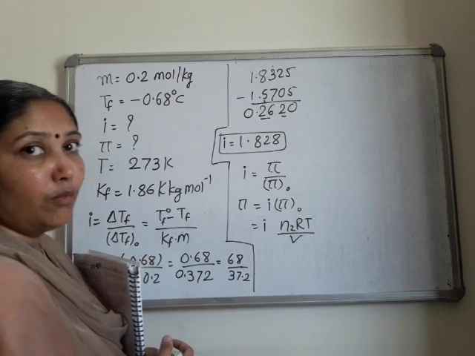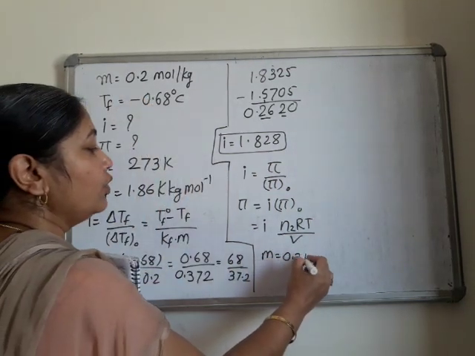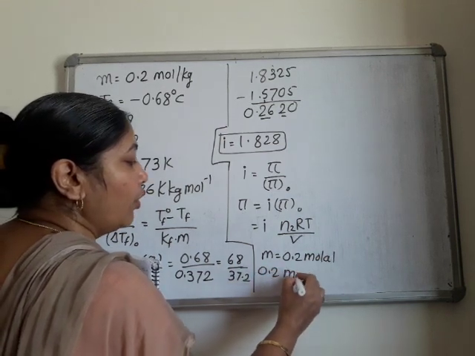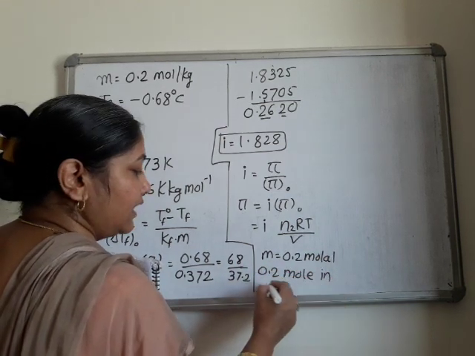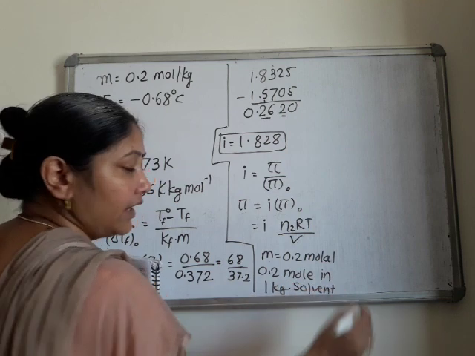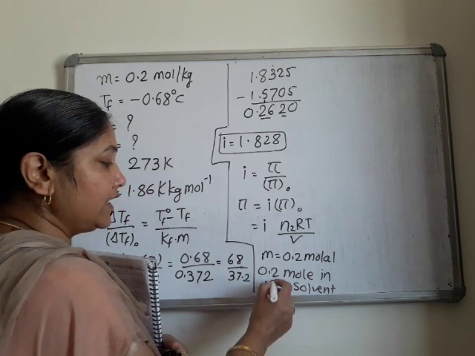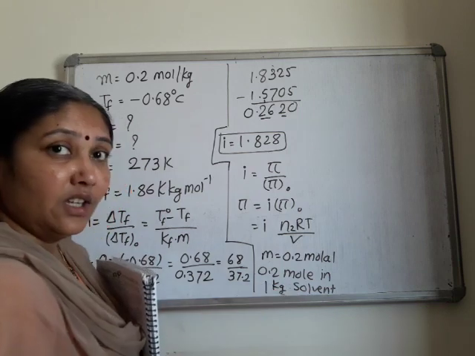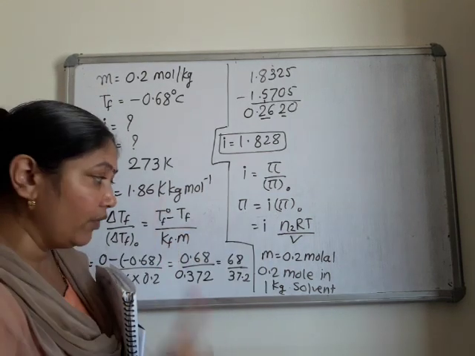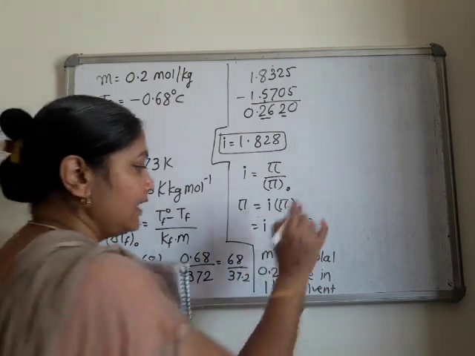n2 means number of moles. Solution is 0.2 molal. It means 0.2 mole present in 1 kg solvent, right? So we have mass of solvent, that is 1 kg. It means volume of solvent is 1 liter because density of water is 1. And n2 we get as 0.2.